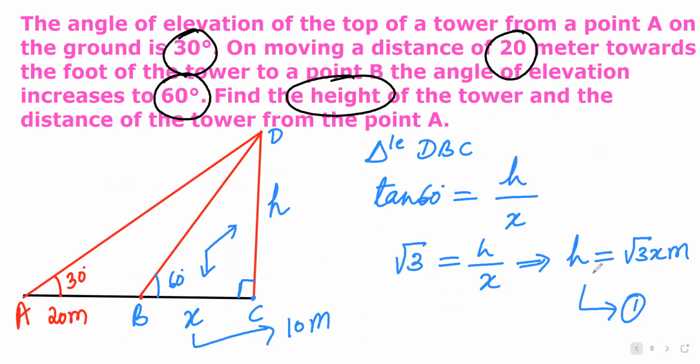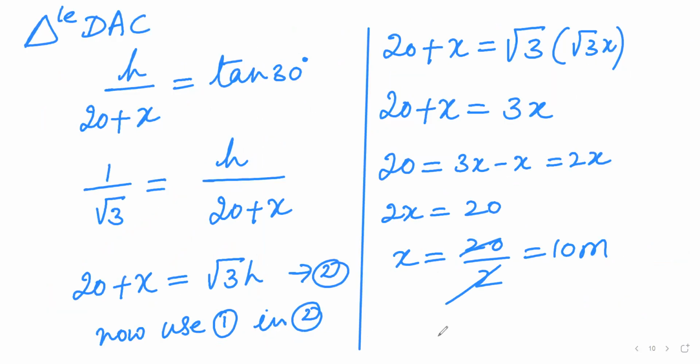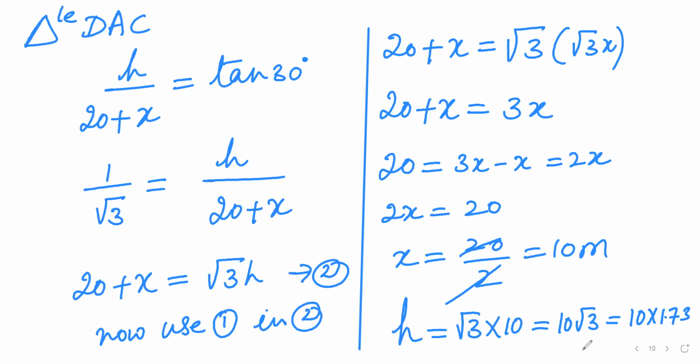Now what do we have to find out? We have to find out the height. Height is H. So H equals root 3 into 10, that is 10 root 3. We can further simplify as 10 into 1.73. Finally I can write H equals 17.32 meters.